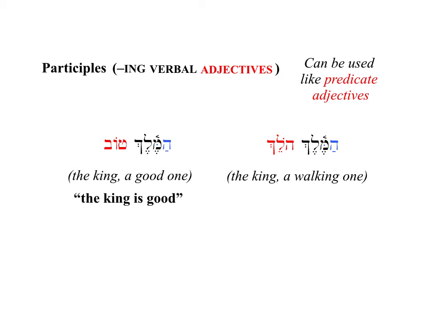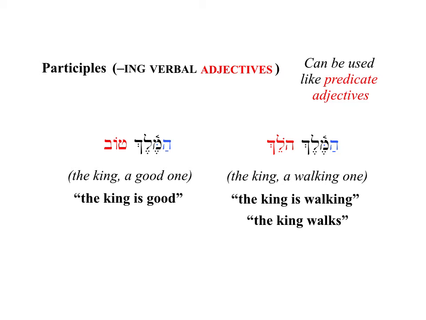And we can do the same thing here. Hamelech Holek, the king, a walking one. Now in this context, notice that our basic sentence, our clause, is the king is a walking individual, a walking one. That's the function of the participle.